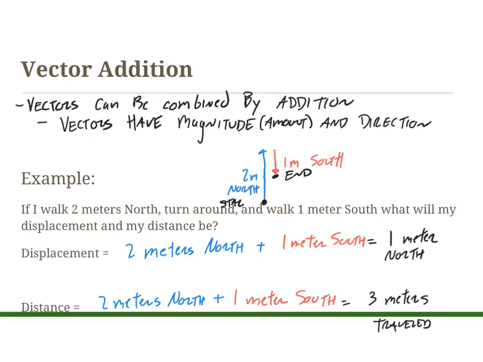So all you have to do is decide if you're being asked to determine the displacement, that is the distance from the start point to the end point, or how far the object or the person has actually traveled, which is the total distance traveled.